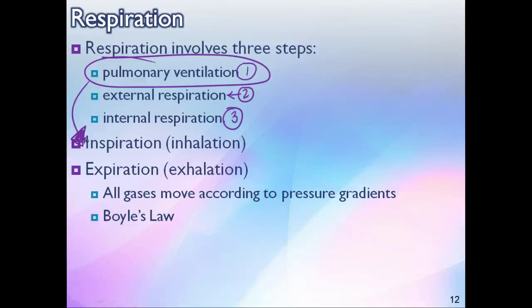One of the concepts we've learned thus far is that substances tend to passively move according to a concentration gradient. But when talking about gases, we more often refer to a pressure gradient. That is the primary reason gases move. Gases will always move from an area of high pressure to low pressure, which means if we're going to get gases to move into and out of our lungs, we have to create a pressure gradient.